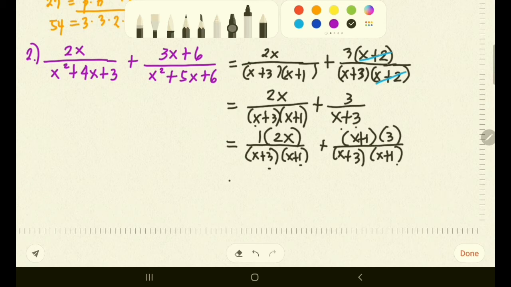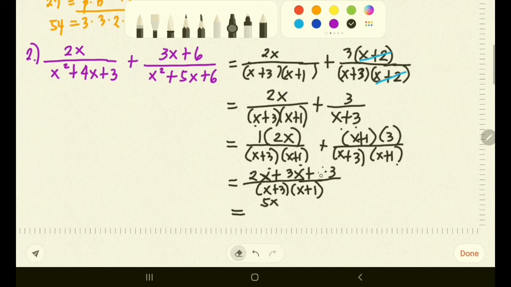Okay, and then next, we can now multiply. 1 times 2x is 2x. Okay, we could add directly. Plus x times 3, that is 3x. Plus 1 times 3, that is 3. So you have here 2x plus 3x, that is 5x.